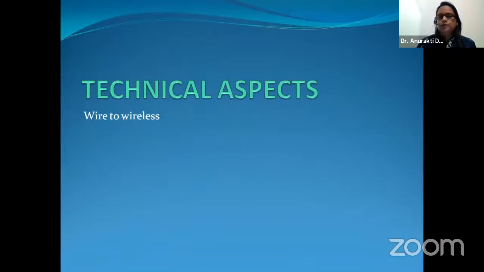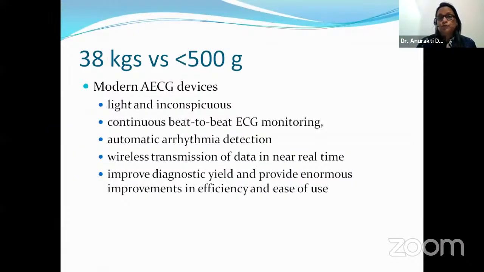It would be surprising for you what was the initial weight of the Holter monitoring machine which Dr. Holter made. It was about 38 kilograms, which he actually carried on his back while riding a stationary bicycle. But today, modern day, we have less than 500 grams of equipment, which is quite a good advancement as miniaturization of the equipment is considered.